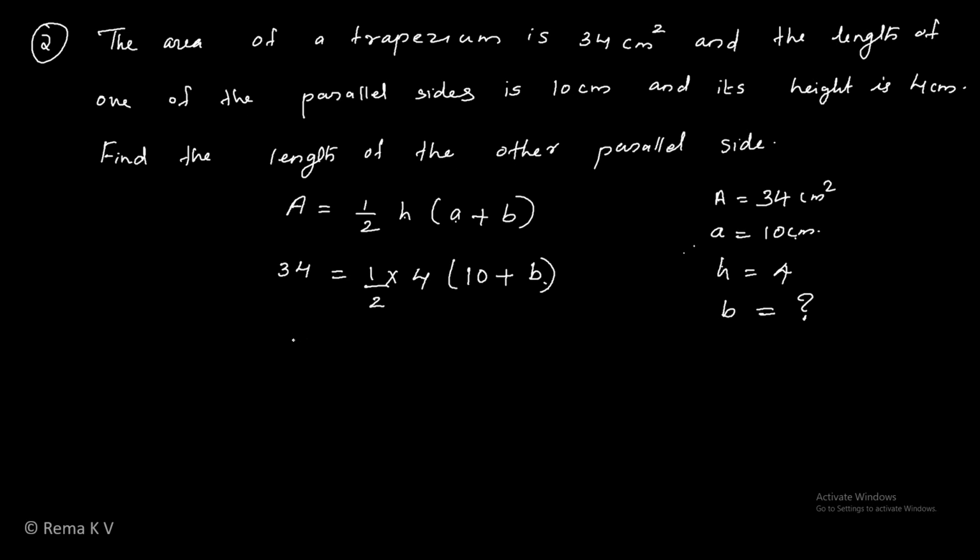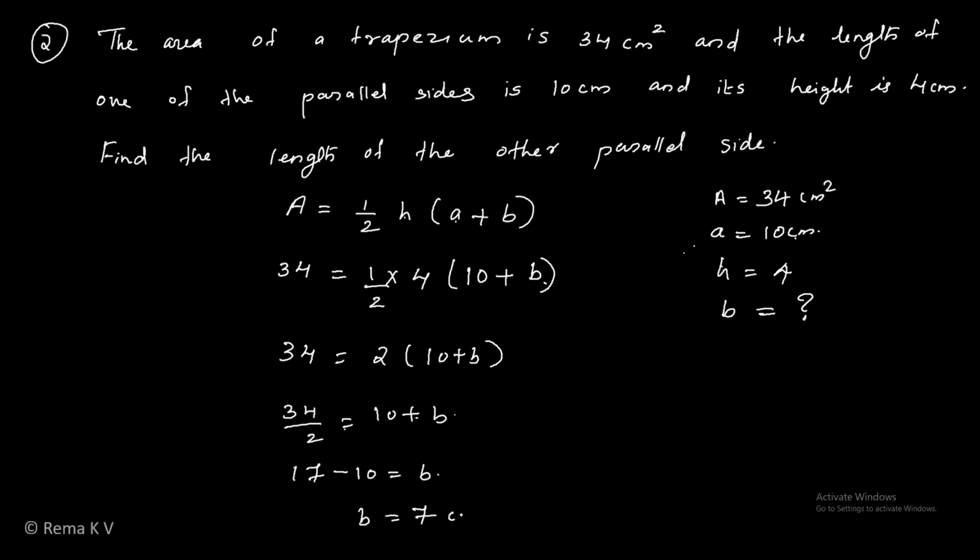Okay, very good. See now 34 is equal to, this 2 and 4 get cancelled, 2 into 10 plus B. So this 2 is multiplied here, so while transposing you will get 34 by 2 is equal to 10 plus B, or 17 is equal to 10 plus B. 17 minus 10 is equal to B, B is equal to 7 centimeter.